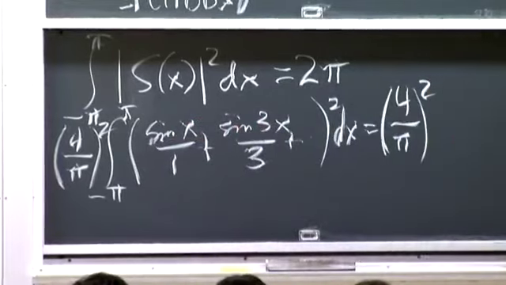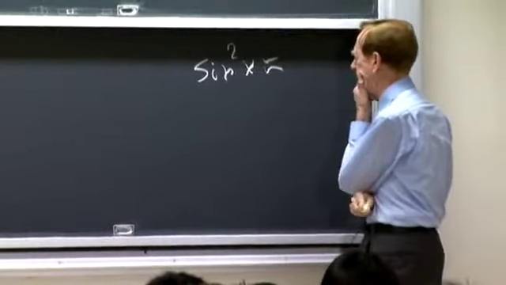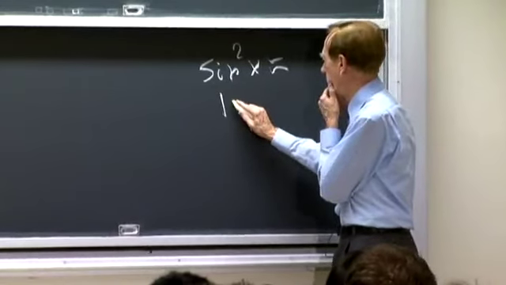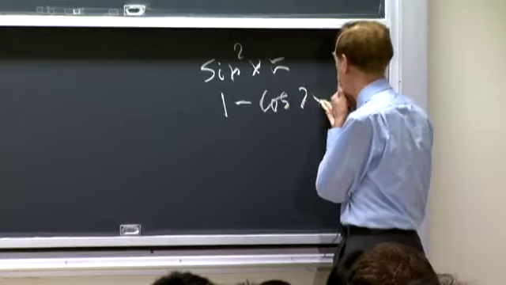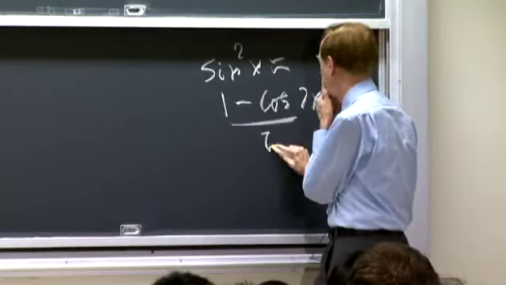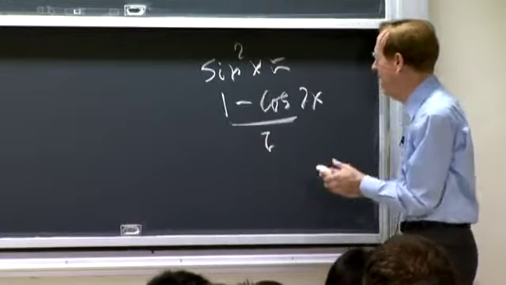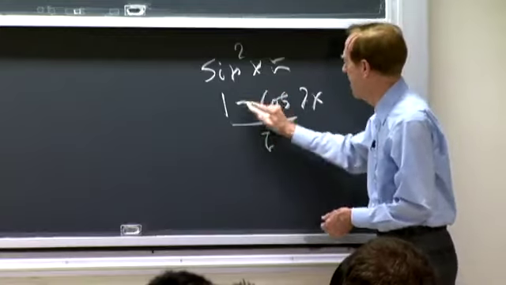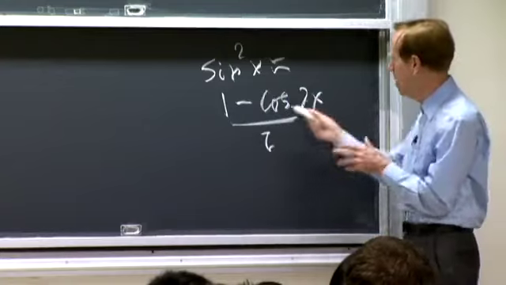Actually, it just uses the fact that sine squared x is the same as, is it 1 minus cosine 2x over 2, or plus? Who cares? Because the integral of whichever, plus or minus, well, I suppose for history's sake, we should get it right.